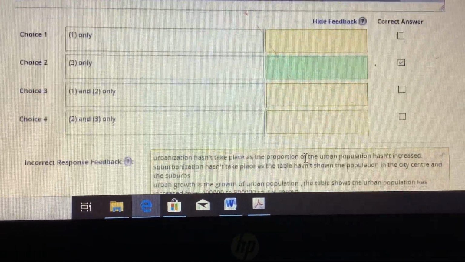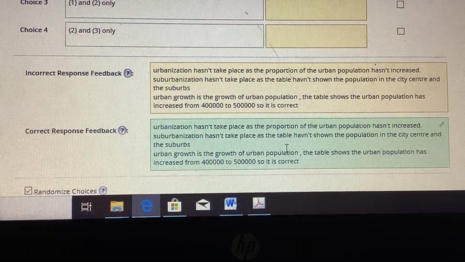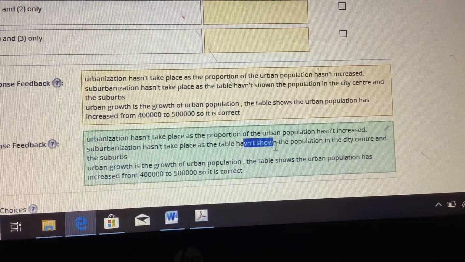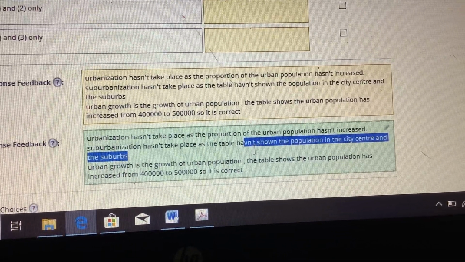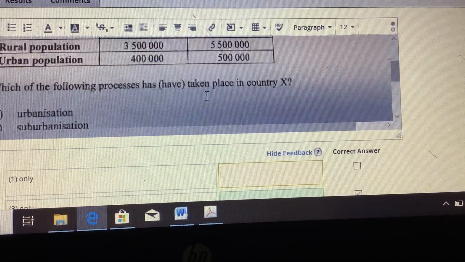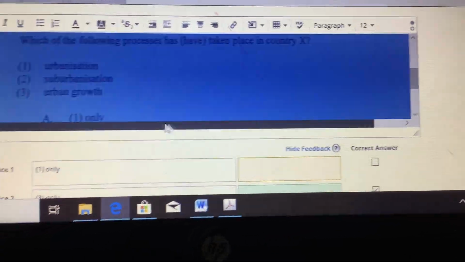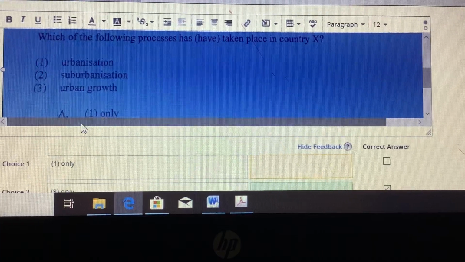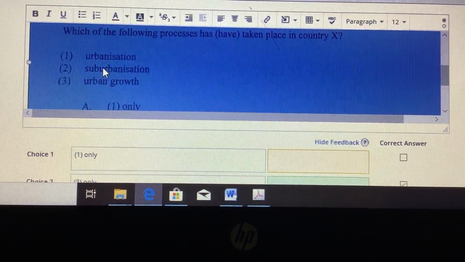But in general, as you can see here, it hasn't shown the population in the city and the suburbs, so virtually we cannot identify that this is really happening. There is no direct evidence telling us we are really having suburbanization.